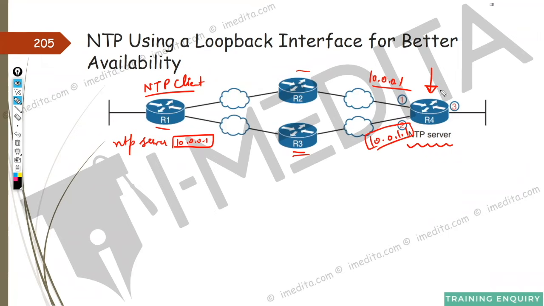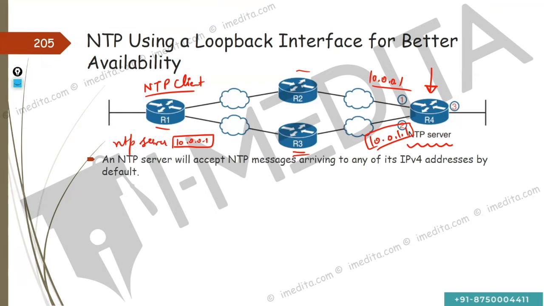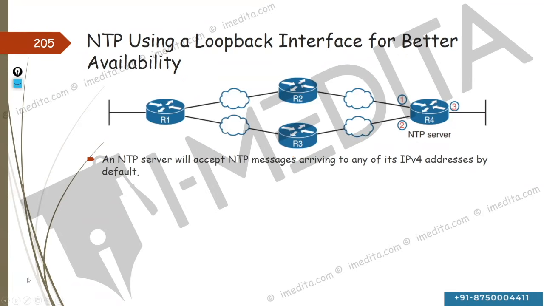If the router is up, it doesn't matter whether you take this physical interface or that physical interface to reach it, you will still get the service of the loopback. You will still get the service of time from R4 acting as NTP server. So this is the benefit of utilizing a loopback interface for an NTP server.